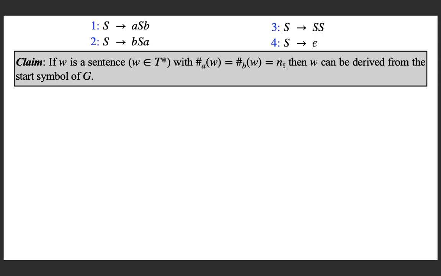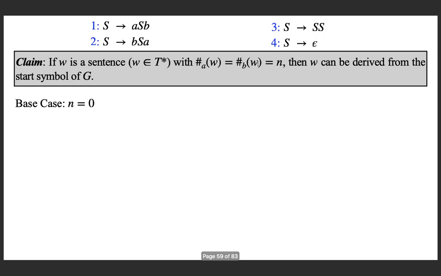We have to use the principle of mathematical induction here, and that is why we assume that the number is n. We are going to apply induction on this n. So what is the claim? If W is a string of terminals with n A's and n B's for any natural number n, then W can be derived.